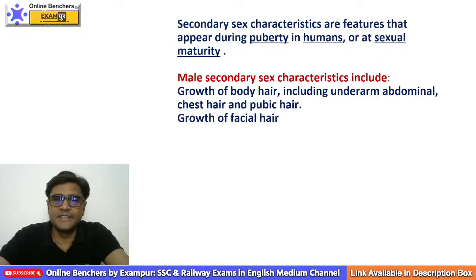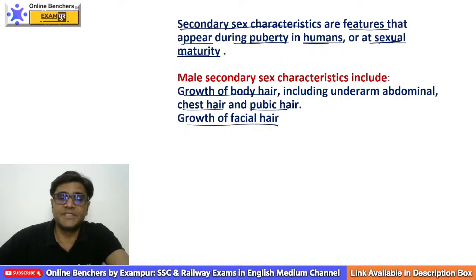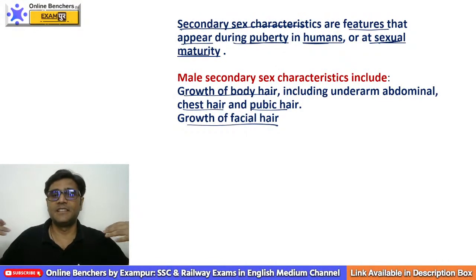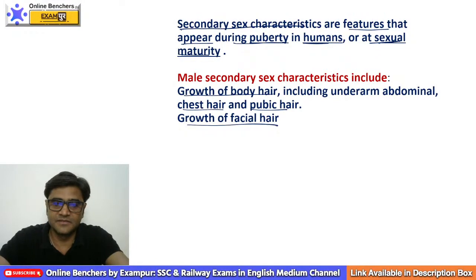Secondary sexual characters are the features that appear during puberty in human or at sexual maturity. Puberty means sexual maturity. For example, the male secondary sexual characters are growth of body hairs, chest hairs, pubic hair, growth of facial hairs, deepening of voice, and broadening of shoulder. These are the male secondary sexual characters.